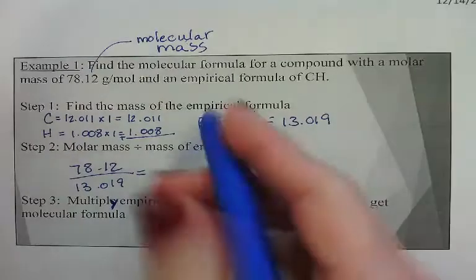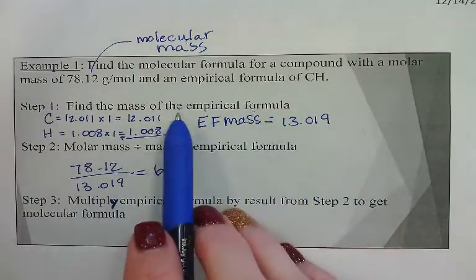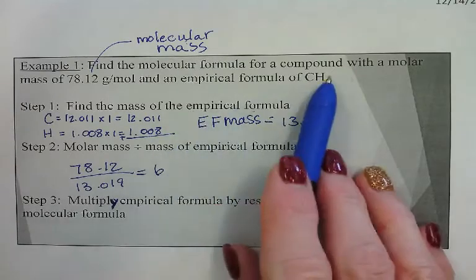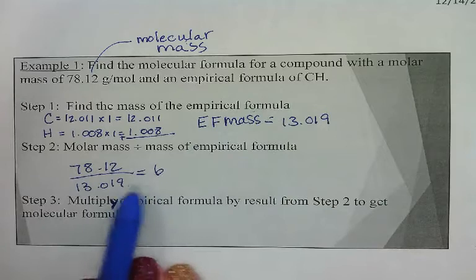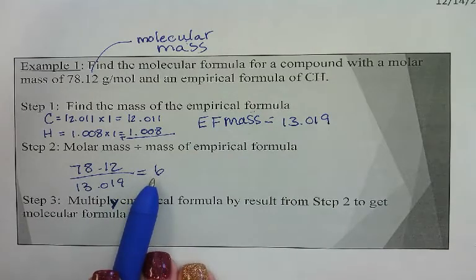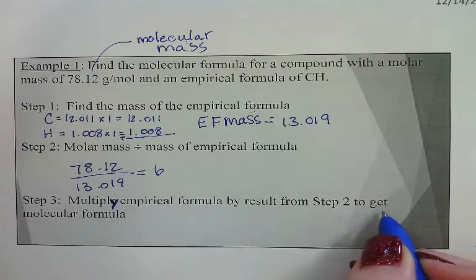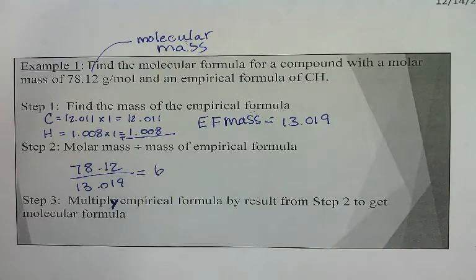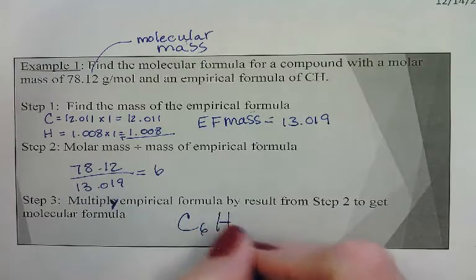In order to get the molecular formula, we take the empirical formula and multiply the subscripts by the number that we found. Multiply the empirical formula by the result in step 2 to get the molecular formula. So it's going to be C6H6.